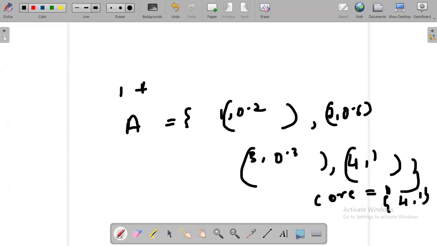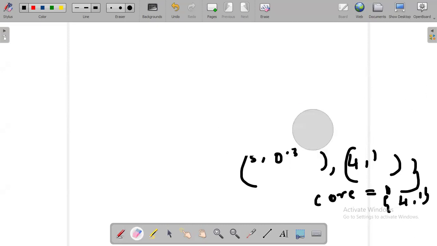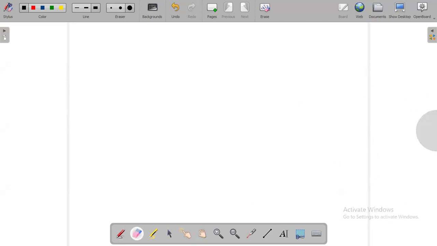Done. But what about normality? What is the difference between core and normality? Just see the example, then you can easily understand.